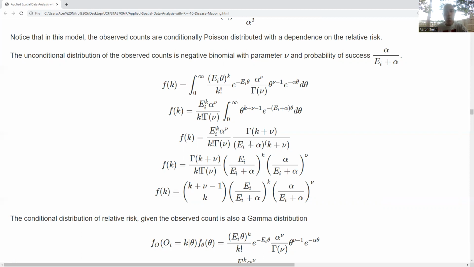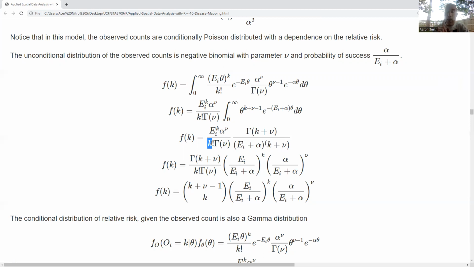All right, so now I'm going to take K of these and match it up with E sub I. I'm going to take nu of these and match up with alpha, and you'll notice that's where I get this and I get that. Now everything left, I've got a gamma, I've got a gamma, and I've got a factorial, which itself is a gamma.